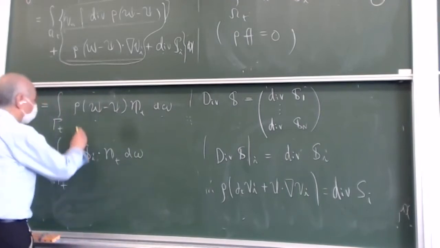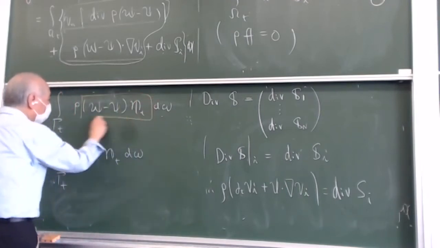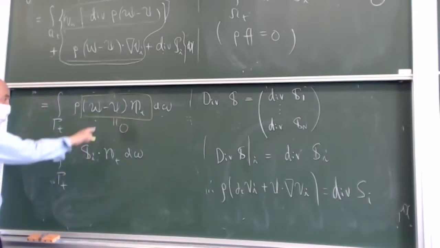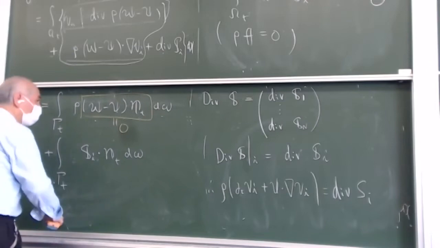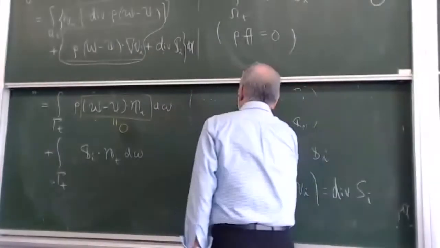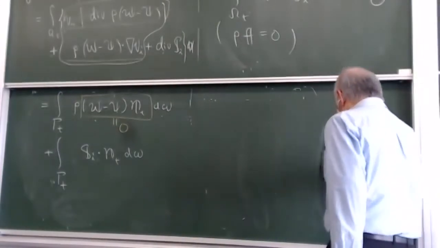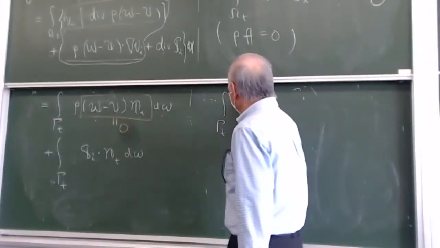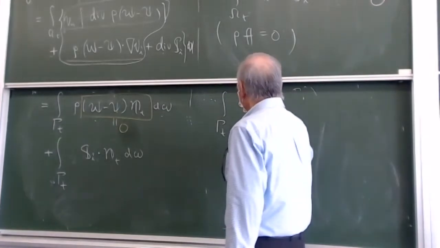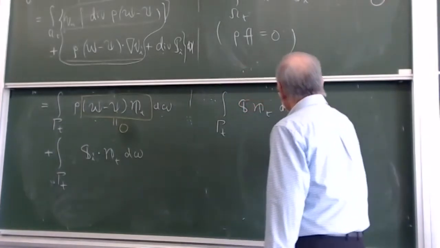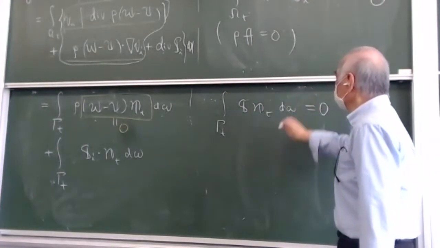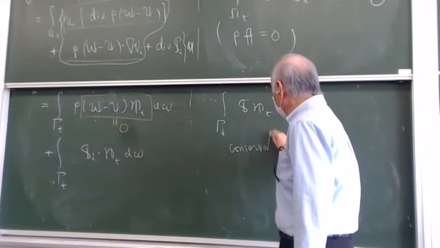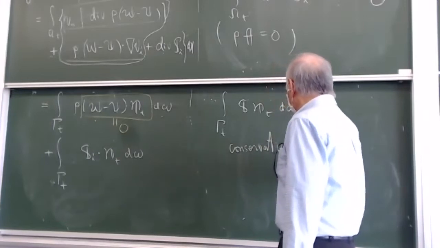And then already by conservation of mass, we have 0. It's by conservation of mass. So finally, we have gamma t is lt, the omega is 0. This is conservation of momentum.